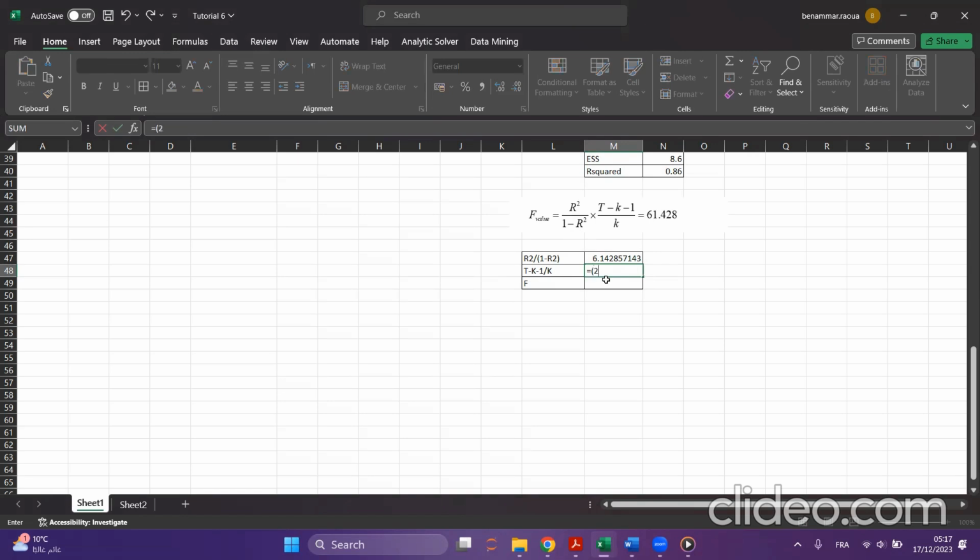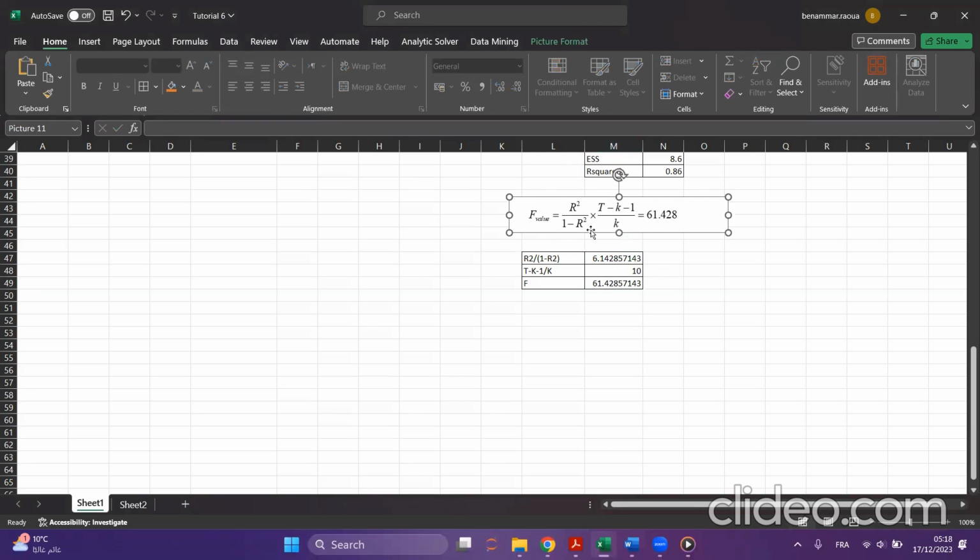So t is equal to 23, k is 2, we have two independent variables. We subtract 1 to account for beta 0, and we divide by k, which is 2. So f is equal to this first part by this second part, which is equal to 61.42. So it's the result we already had, it is confirmed.